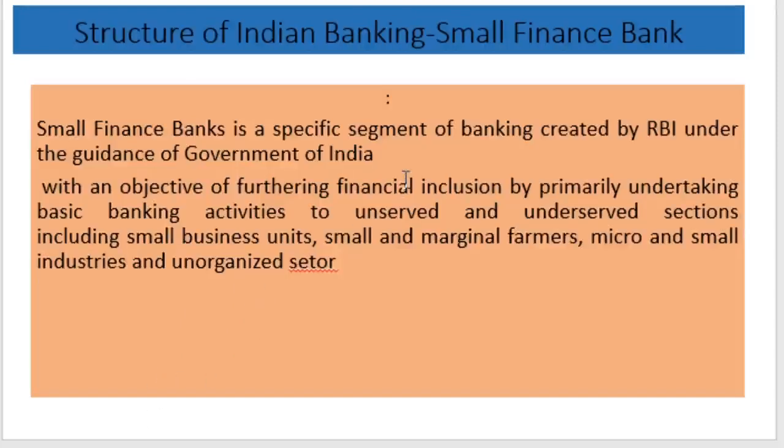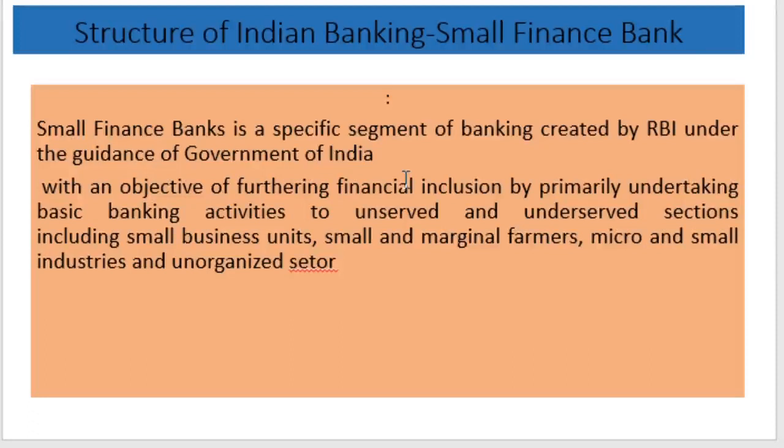Another category of banks is small finance banks, and their major objective is furthering financial inclusion by undertaking basic banking activities for unserved and underserved sections, including small business units, small and marginal farmers, micro and small industries, and the unorganized sector.